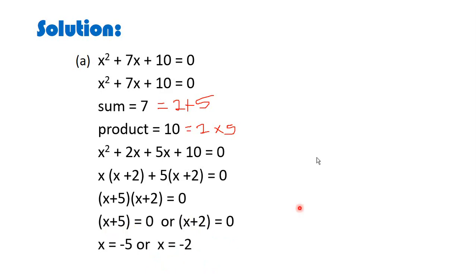There are two solutions to this quadratic equation, and that is how we solve it.